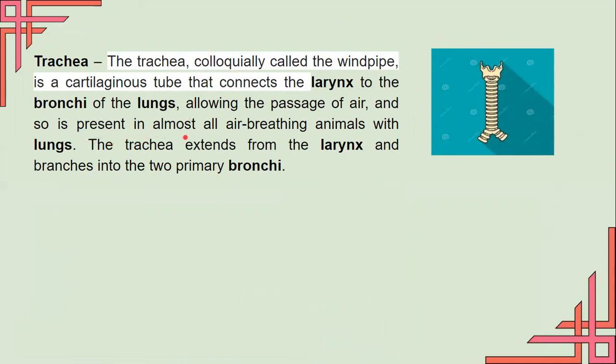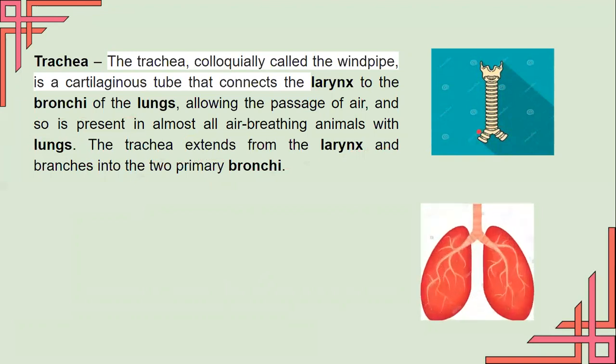It is present in almost all air-breathing animals like dog, cat, what else? Yes, goat, sheep. Yes, okay. With lungs, of course. The trachea extends from the larynx and branches into two primary bronchi.